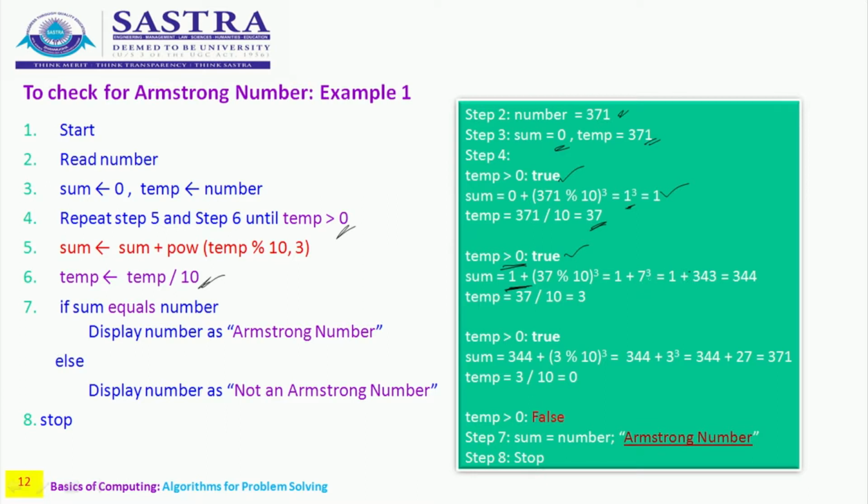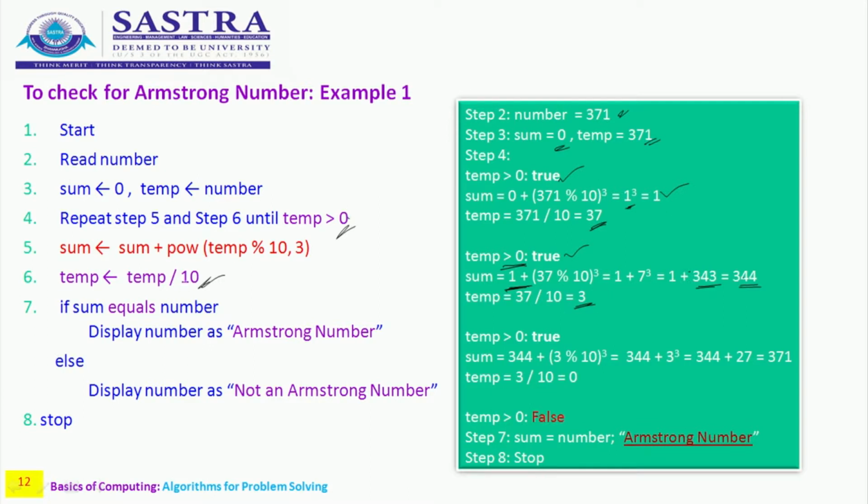So 7 cube. 7 cube is 343, which finally gives you 344 as the sum. 343 plus 1 will give you 344. Then we are in the loop still. Temp is equal to temp by 10. So 37 by 10 will give you 3 this time.